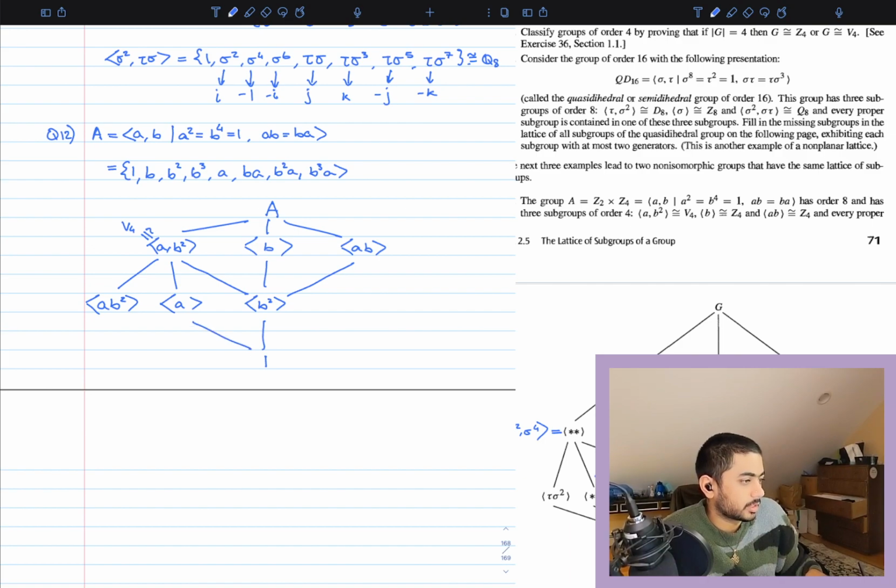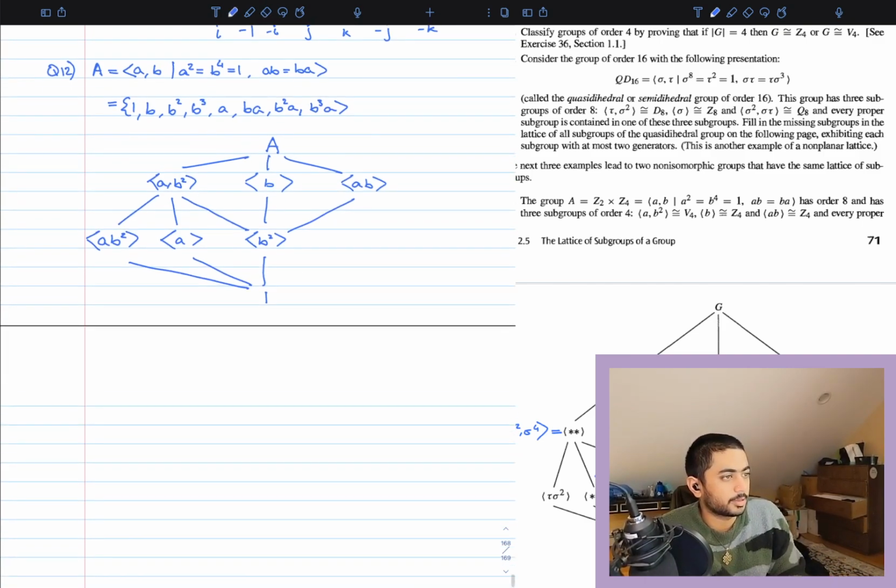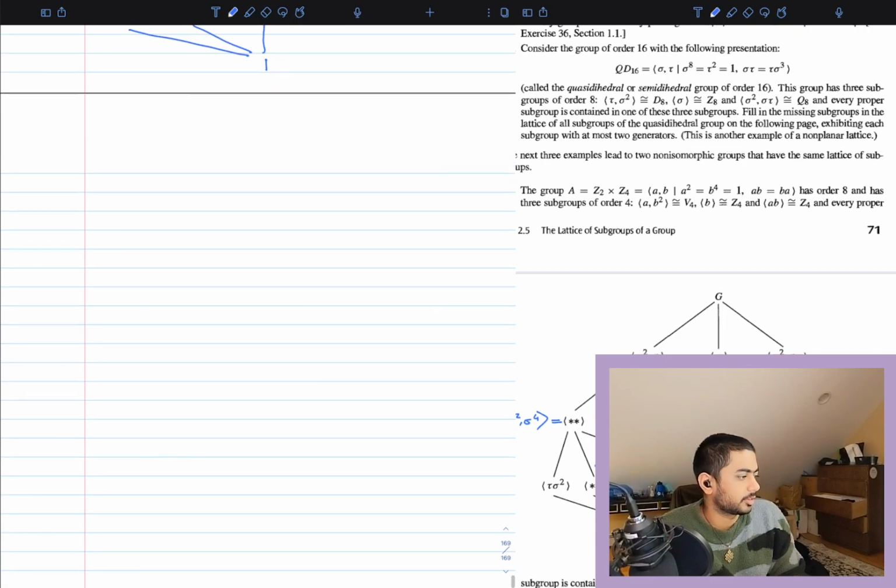B was a cyclic group, so its lattice looks like this, and we're done with that. AB is another cyclic group, so its lattice is also going to look like this, and we should be done. Pretty sure. I'm pretty sure this is it. Yeah, this makes sense. Okay, let's keep going.